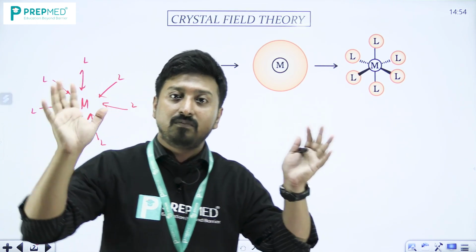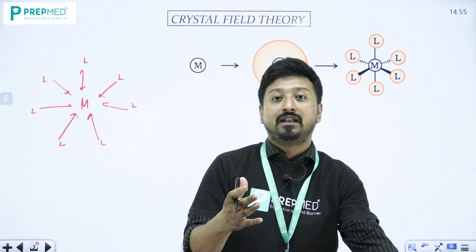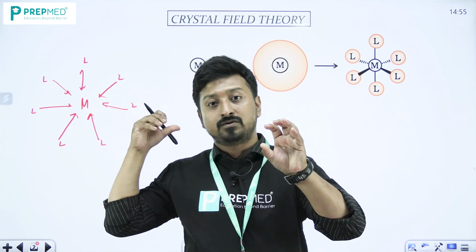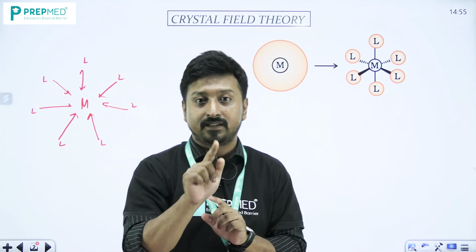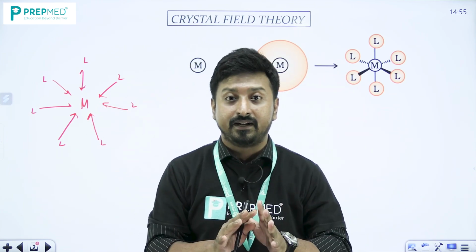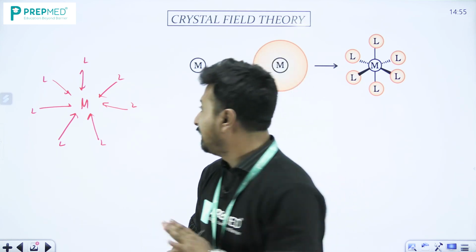Many ligands approach, like in biology when fertilization happens to an egg, a lot of spermatozoa attack, but only one succeeds. Similarly, here many ligands attack the metal center, but only 6 succeed. Now, which 6? That's the important thing here.